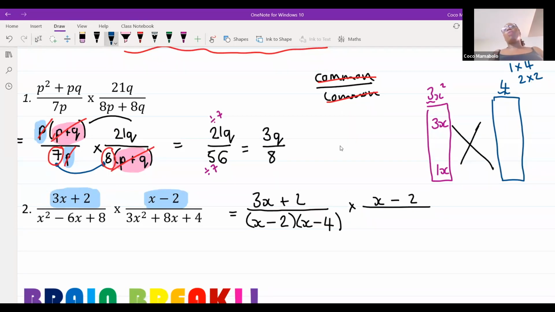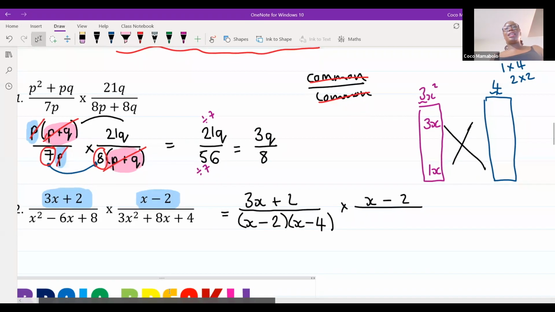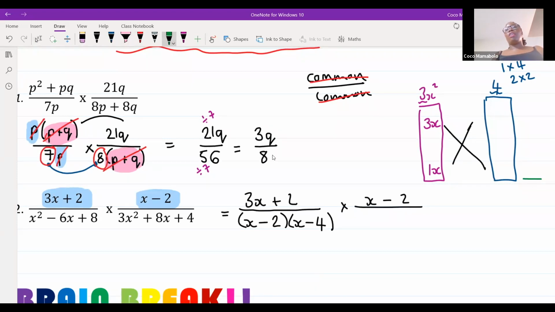So I'm going to get 1 times 4 and 2 times 2. But now when these numbers add together, I need a final answer of 8x. Positive 8x, because there's a positive here in the middle. All right, so I am going to start trial and error. Let's say I put 4 over here and 1 over here.